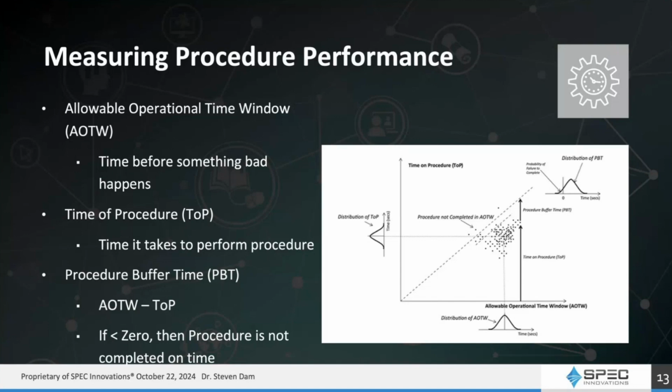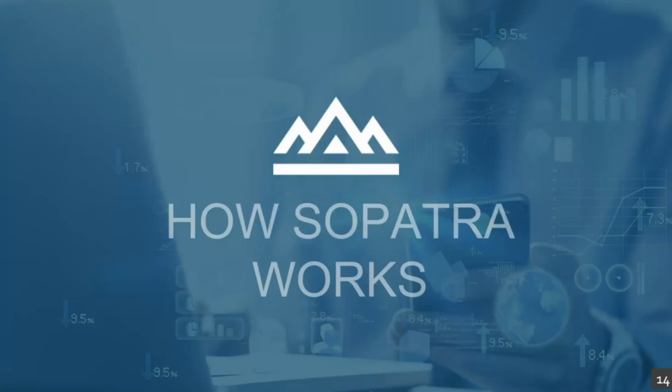Hopefully that's got everybody thinking about some questions, if you have some about this. I'm going to move on, and we're going to do that in the Q&A. So, a little more about how Sopatra itself works. As I mentioned, we are using NLP, natural language processing, that branch of AI, to do this work.